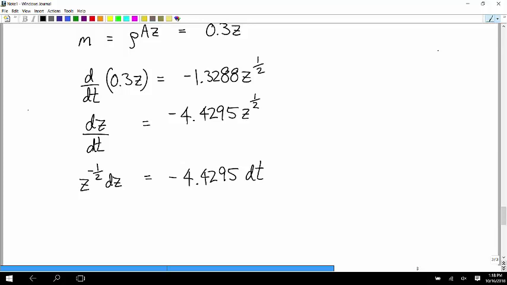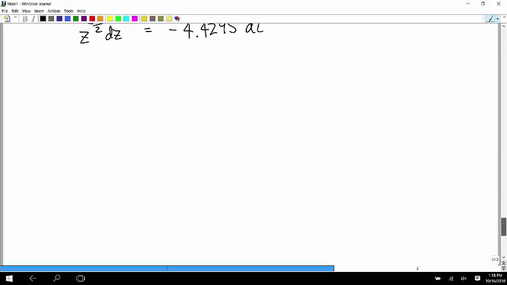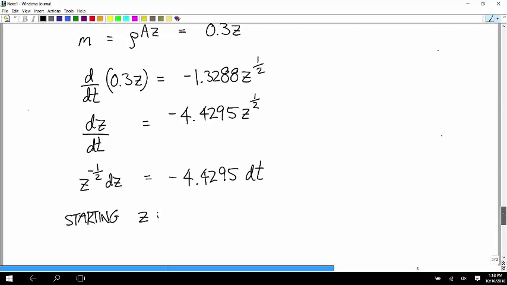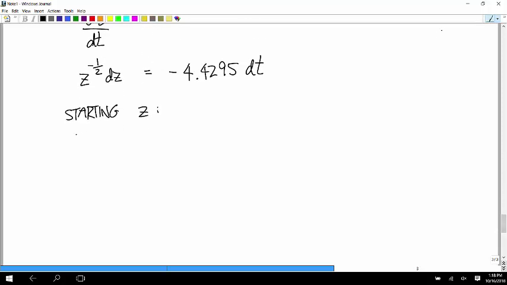We have a value for the starting mass. So let's get the starting height. We know that 0.3 z is equal to 2,500 kilograms.